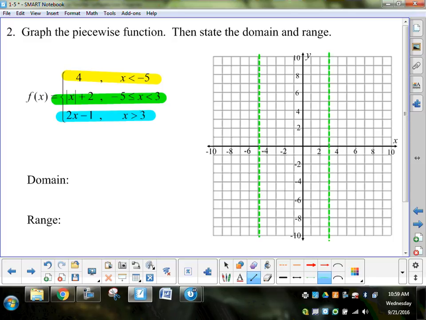Now, I'm going to stay away from the table with graphing out at least the yellow piece. Who can tell me what the yellow piece is going to look like if I'm graphing out f of x for x's that are less than negative 5? What would that look like if I graphed out the yellow piece on this graph?